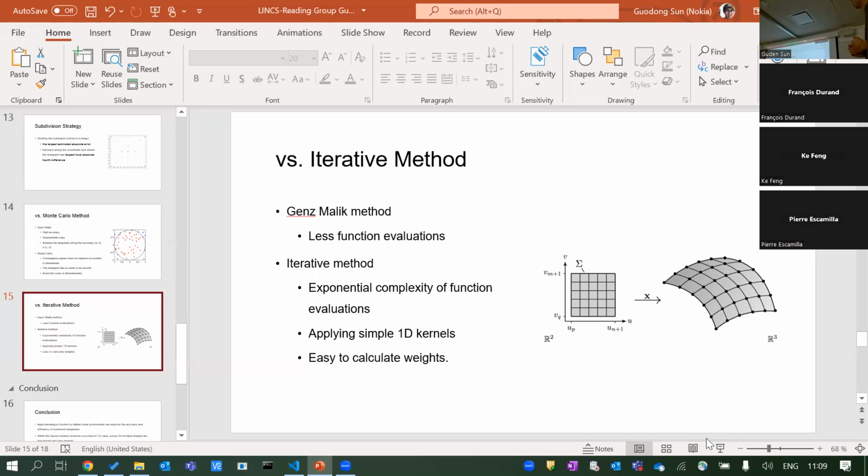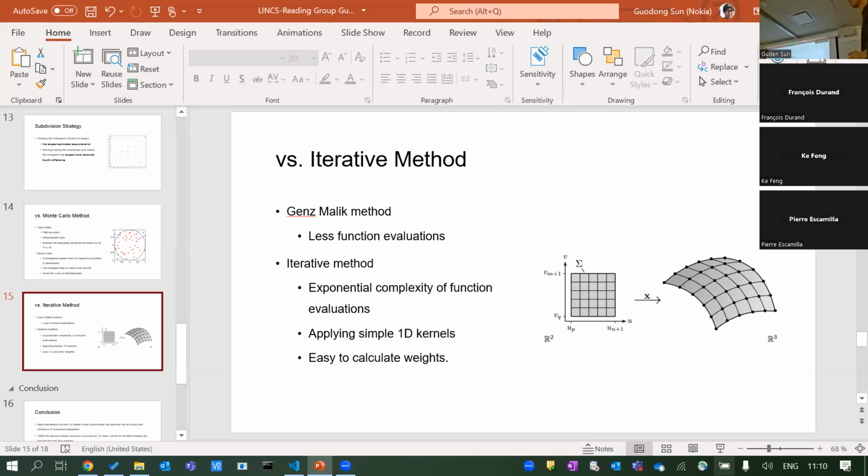Then this method indeed has exponential complexity. For example, if you want to compute 5 points in each dimension, you need 5 squared, 25 points in total. But it will be easier to compute the kernels you want to exploit, like in the one-dimensional case. But the Genz-Malik method will require much fewer function evaluations.